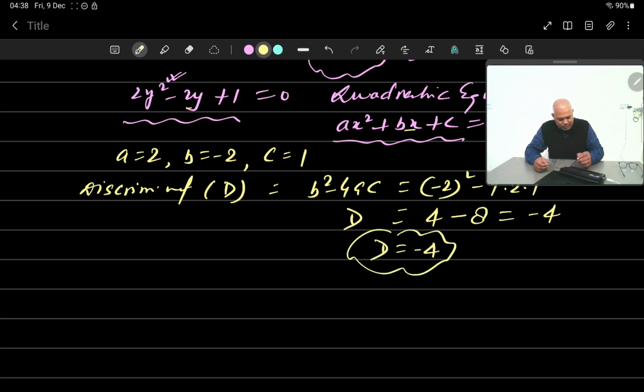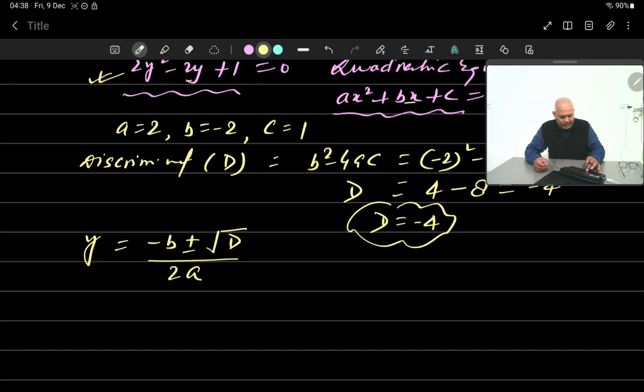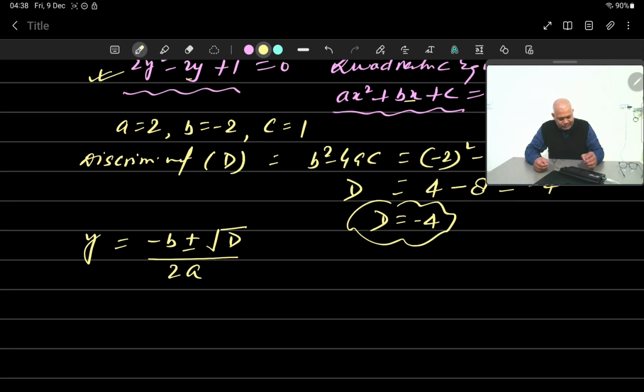So what is the solution of this equation? The solution of this equation is nothing but y equals minus b plus minus root over D divided by 2 times a. What is a? The coefficient, like this here. So you can write minus of minus 2, plus minus root of minus 4, divided by 2 times 2.